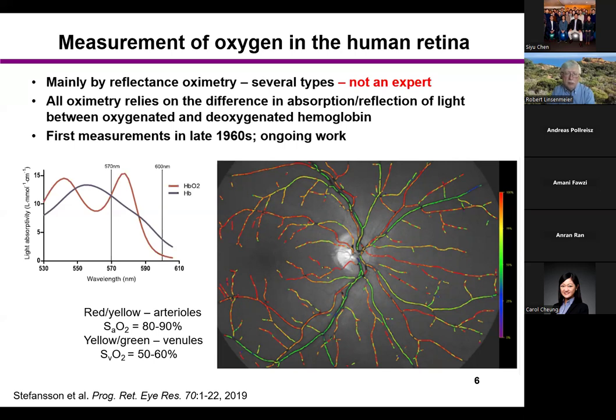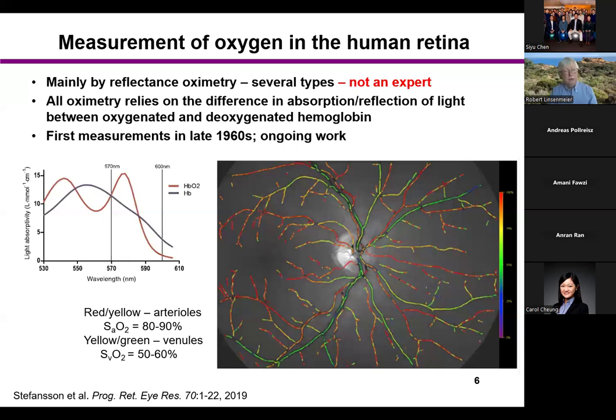But they all result in a map very much like the one shown at the right, where the red and yellow indicate arterioles with high arterial saturation, with high oxygen saturation. And the green and yellow represent venules with much lower saturation.